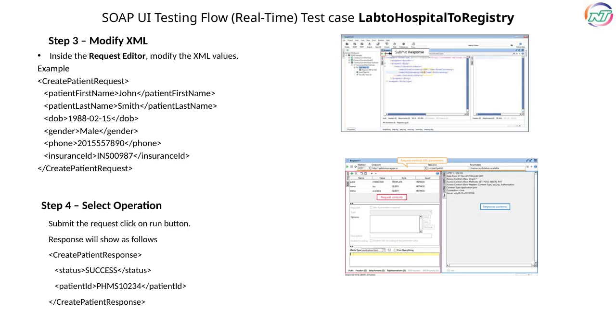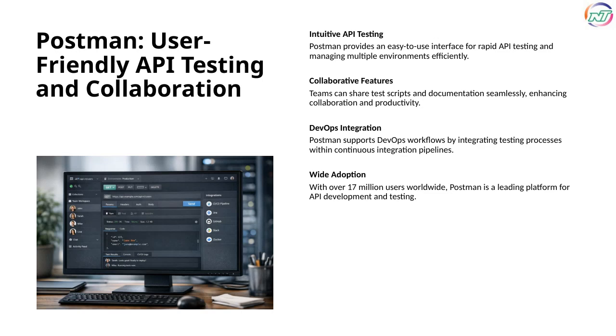registered as expected. Postman offers a very straightforward way to test APIs quickly, thanks to its intuitive interface, which lets you manage different environments efficiently. It also includes collaborative features that allow team members to share test scripts and API documentation easily, improving how teams work together.